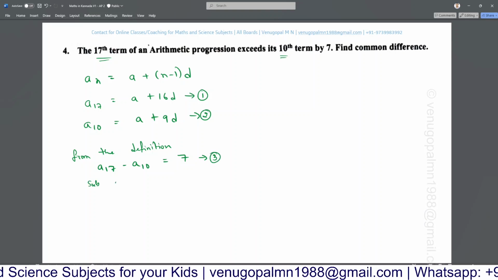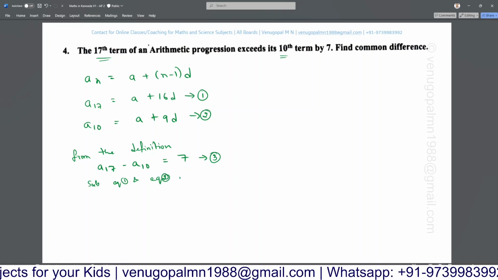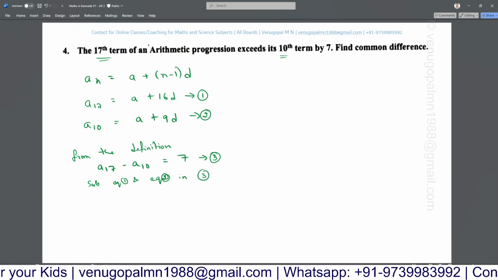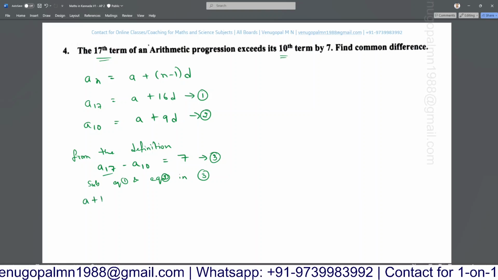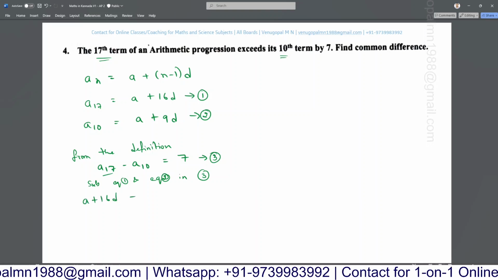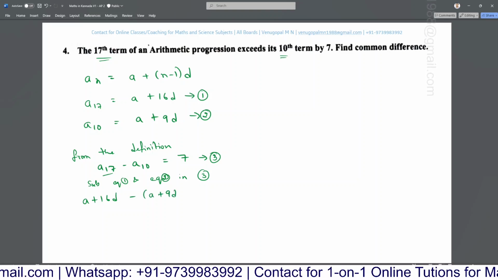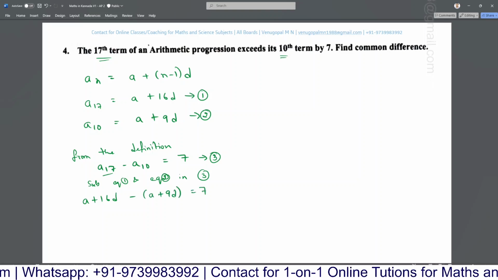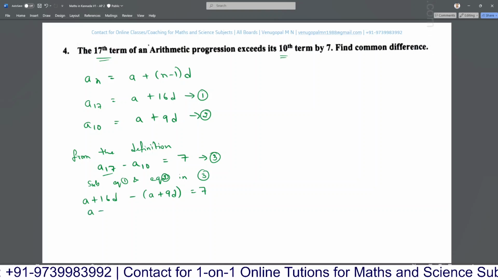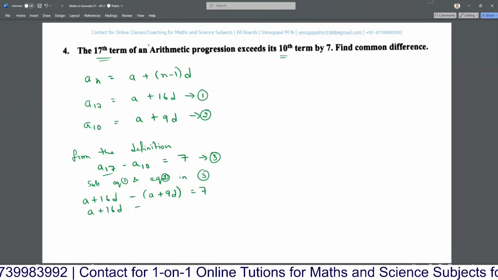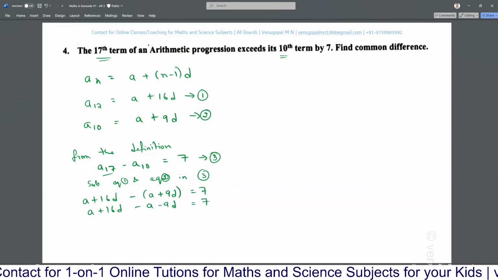Substitute equation 1 and equation 2 in 3. So A of 17 means A plus 16D, minus A plus 9D, is equal to 7. So this is A plus 16D minus A minus 9D is equal to 7.